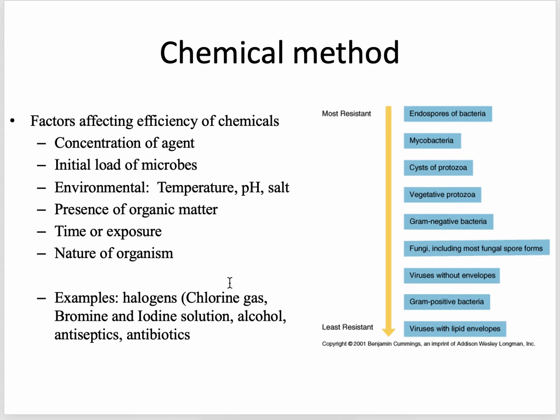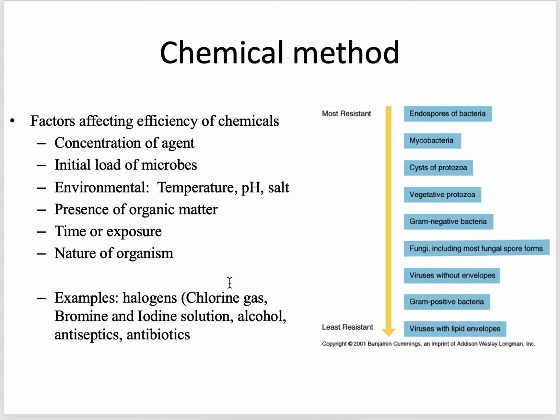Some are very resistant, some are less resistant. If you want to kill very resistant bacteria, you have to use a highly efficient method. If you want to kill less resistant bacteria or microbes, you can use less efficient methods.